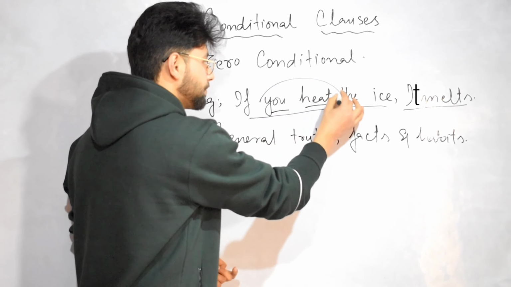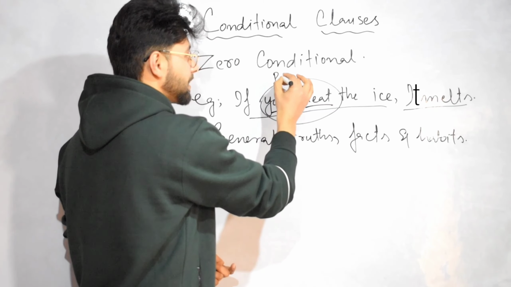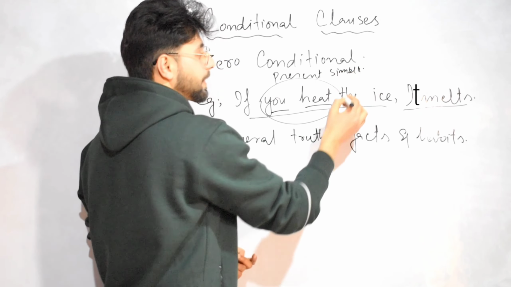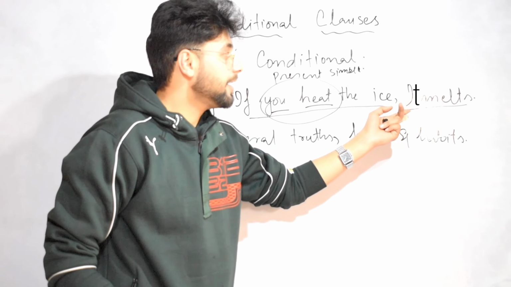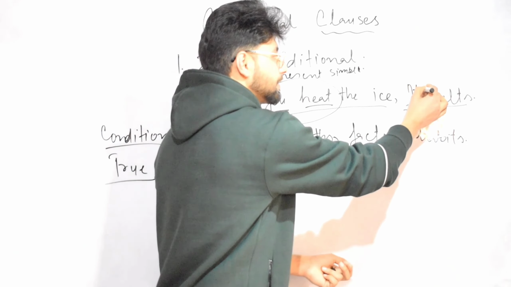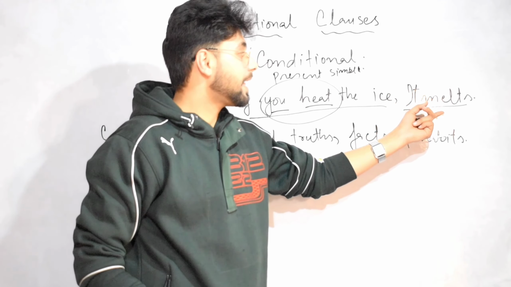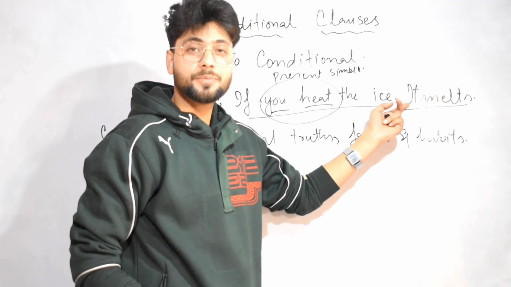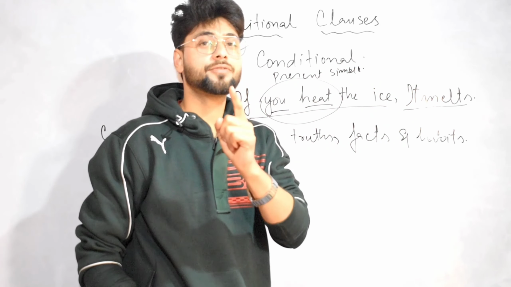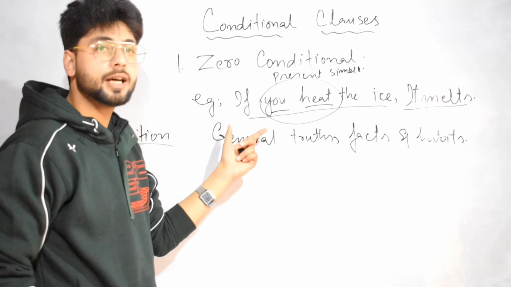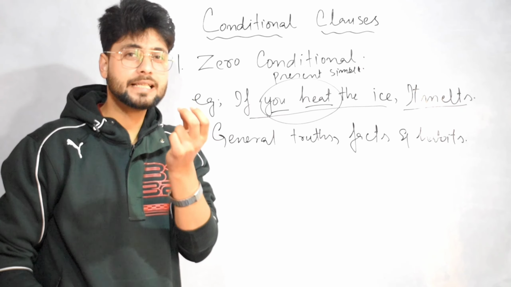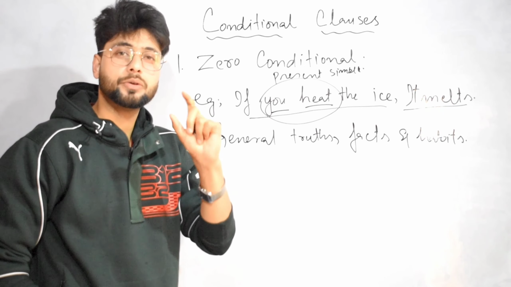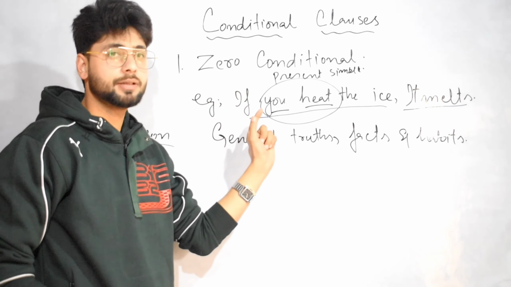So this becomes present simple. Now, what's the main clause? It melts. So it subject melts first form of verb. So both the clauses, if clause and the main clause, take the present simple tense.